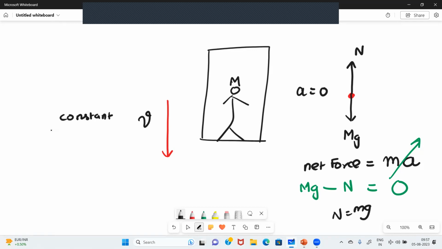Mg, because A is 0. For a lift which is moving upwards with constant velocity, what is tension? Mg, because acceleration is 0 in this case also. Then lift is moving down with constant velocity. Mg again.